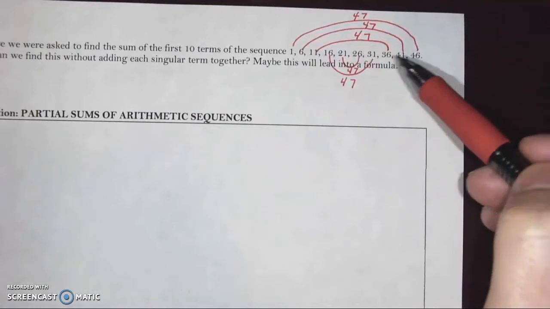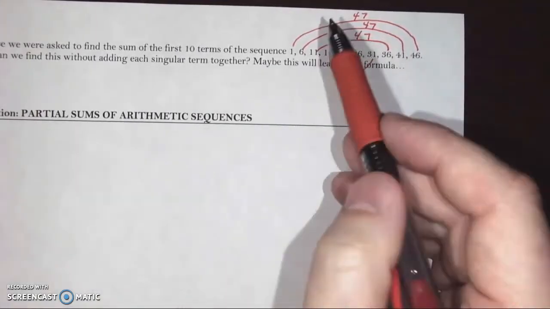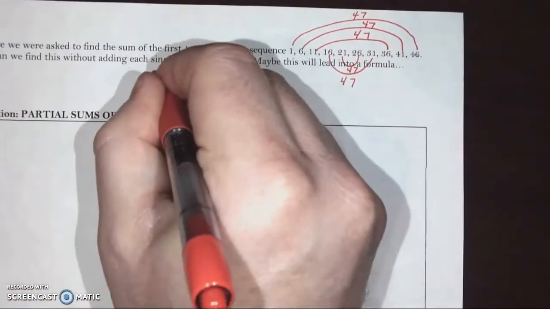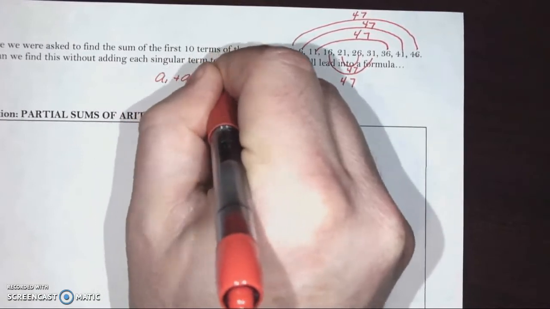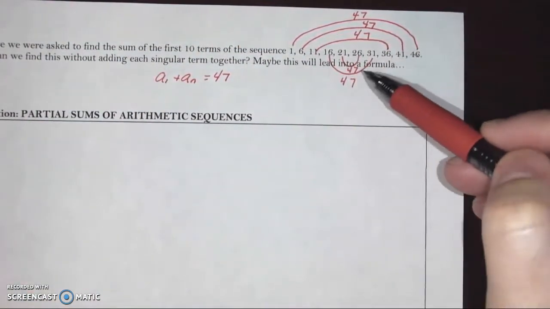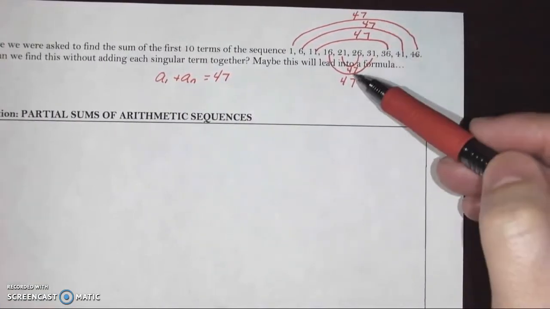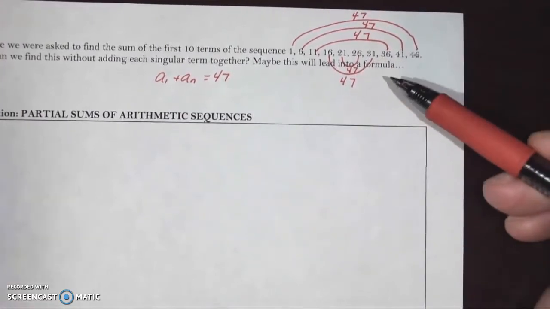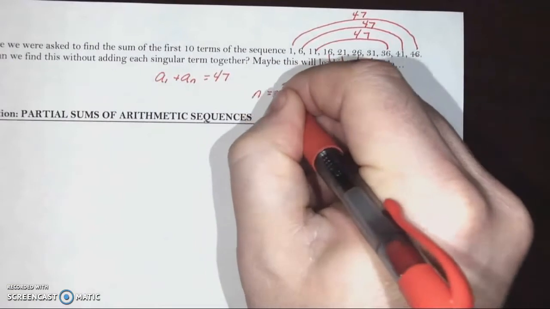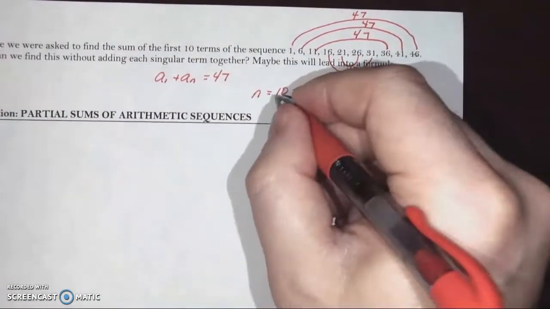Now, let's see what we really did here. We added the first and the last term, so a1 plus an equaled 47. When we added all these other groups of 2, it also equaled 47. How many 47s? There were 5 of them. Why were there 5? Well, there were 10 terms, and we grouped those 10 terms in groups of 2.